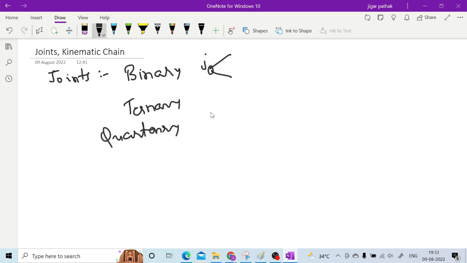If you are having three links at a particular joint, then that is termed as ternary joint. And if you are having four links at a particular joint, then that joint is known as quaternary joint, right?